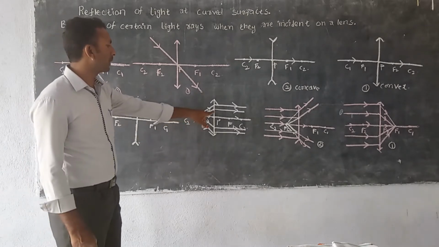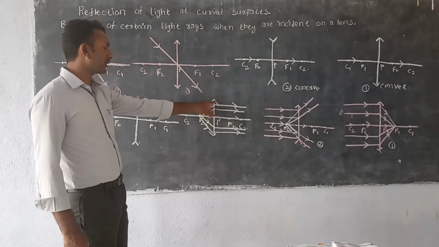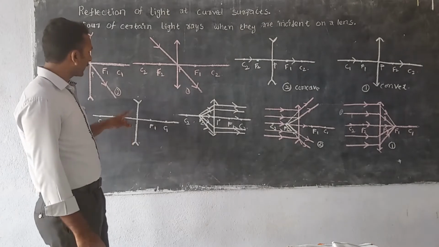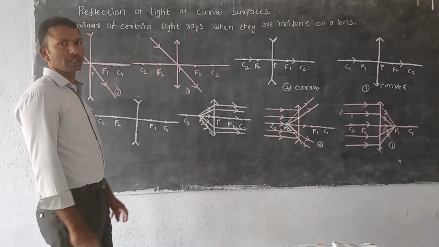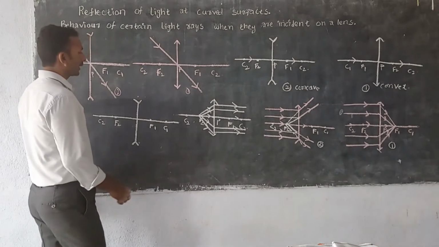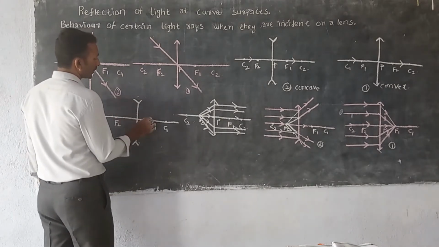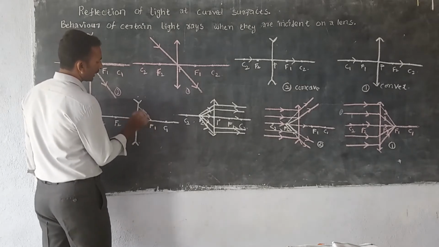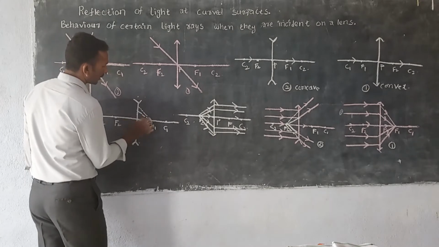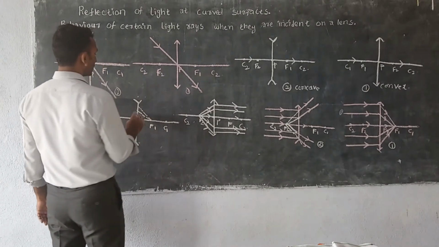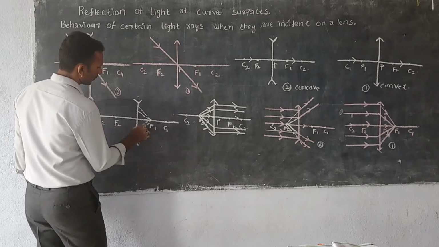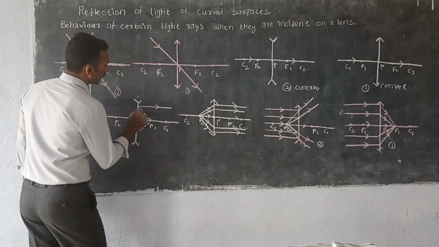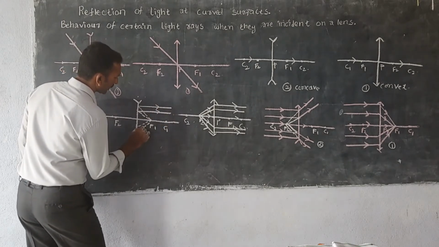Actually, if parallel light rays fall on the convex lens, they will be converged at one point. But here in the concave lens, the light rays will not converge at the focal point. Okay, is it clear? So we are taking the first. If any light rays are going through the focal point, they will be refracted parallel to the principal axis.